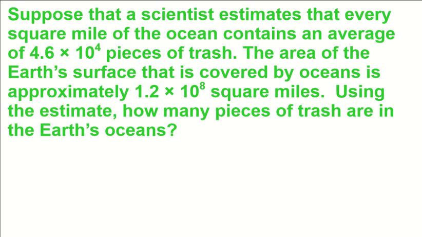What it's saying is each square mile has this many pieces of trash. Then it's saying we have this many square miles. So what type of math? Multiplication. We want to multiply those two together.